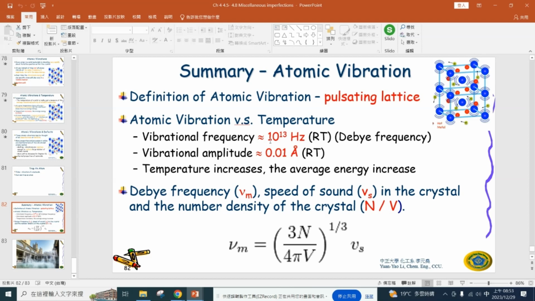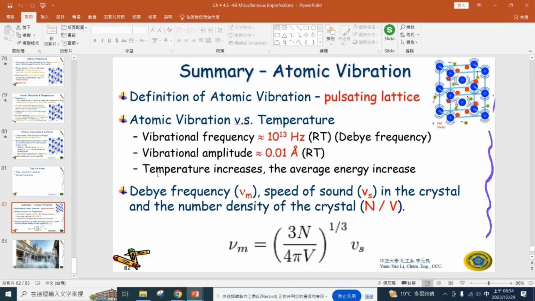We know the size of the diameter is about 1 angstrom, right? Okay, sorry, it's about 10 angstrom, about 1 nanometer, 0.5. The diameter is 0.5, and the distance is about 1. So the amplitude is about 1 out of 100 of the size, the distance. So this is the vibrational amplitude.